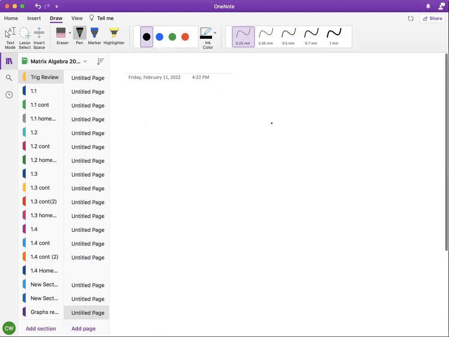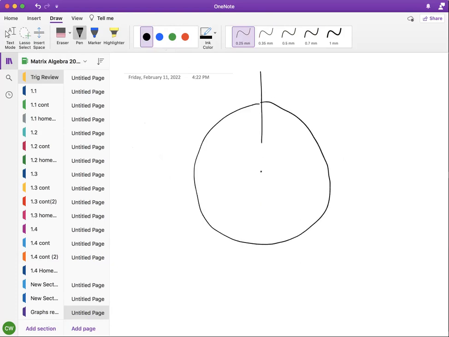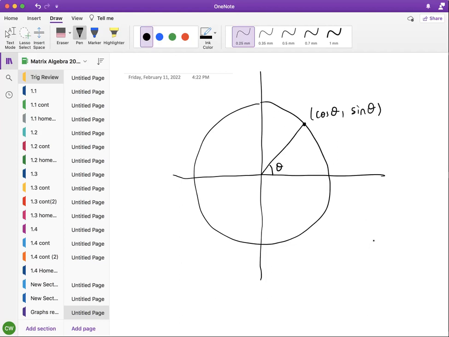So let's look at the unit circle, and let's pick an arbitrary angle here. We know that the point here is cosine of theta, sine of theta, by my definition of sine and cosine. Now, what we can do is take this point and reflect it over the x-axis.